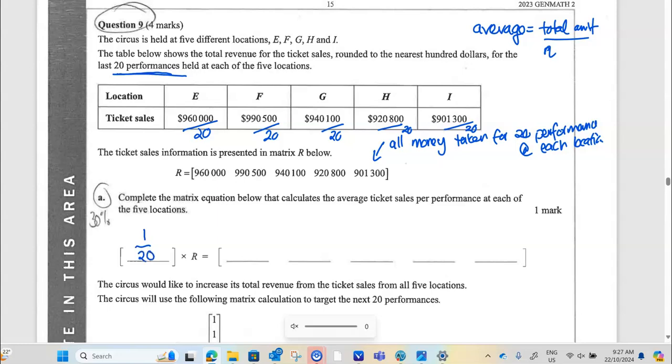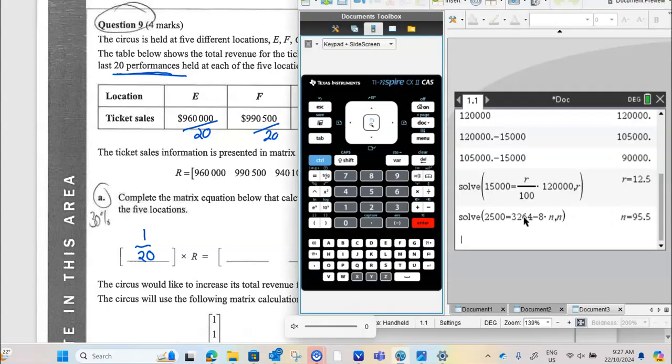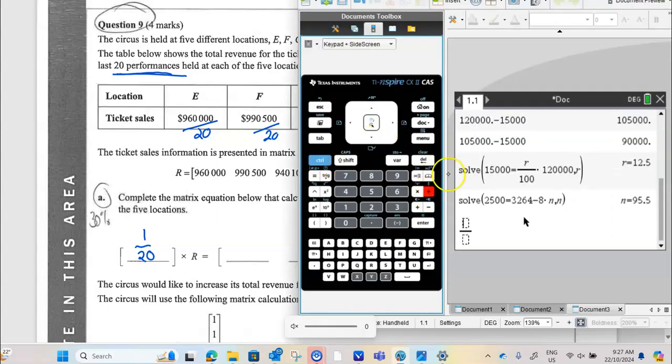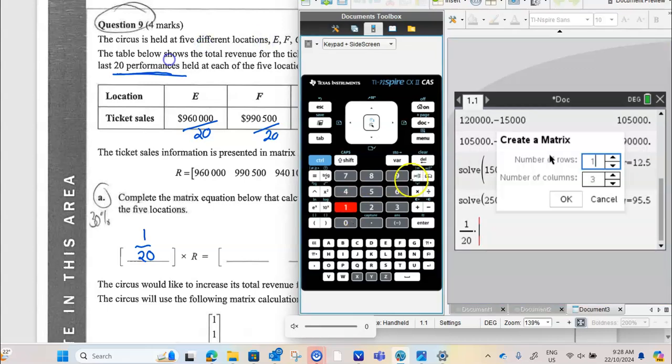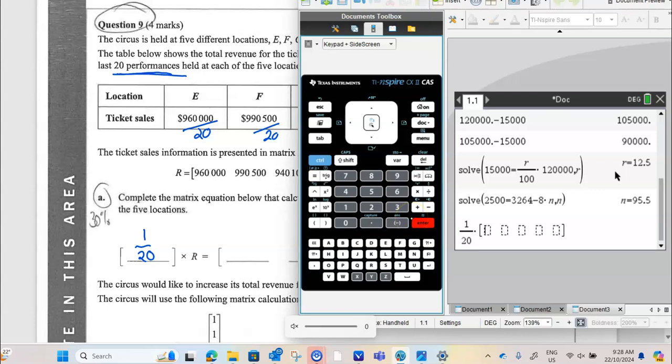That's a scalar number, and by doing that, it will divide all of them. When it's a scalar, that's when it's a number outside the matrix. So this one's 1 row, and how many locations was it? 5. Yeah.